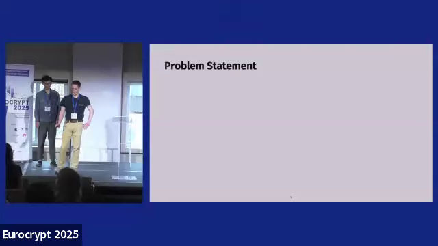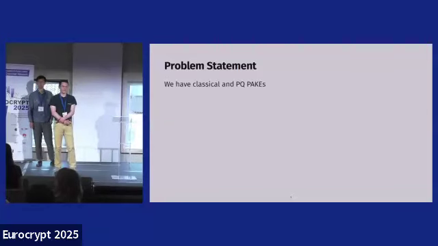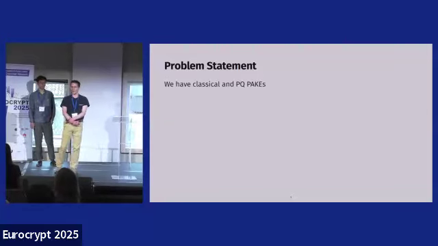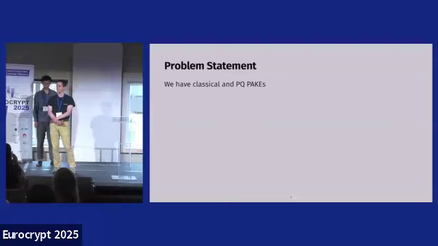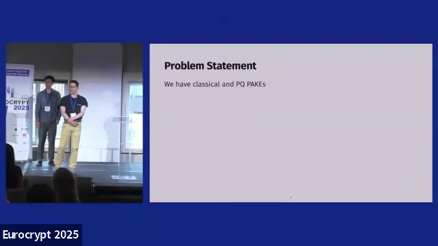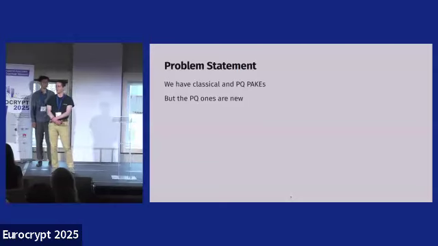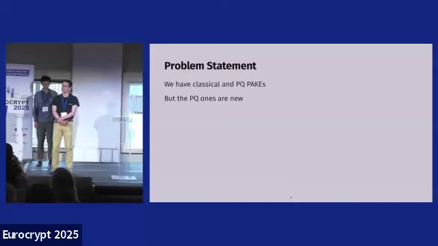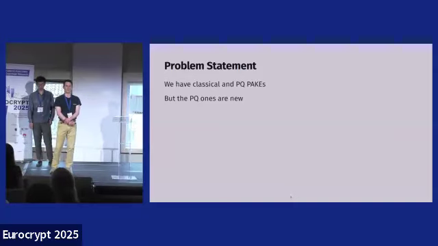So we start with the problem: we have classical PAKEs, and we have post-quantum PAKEs. And what we would like to do is simply use post-quantum PAKEs if we can. However, this comes with a few issues. Firstly, these are relatively new, so maybe we don't trust the assumptions, although some of the assumptions are relatively old comparatively.